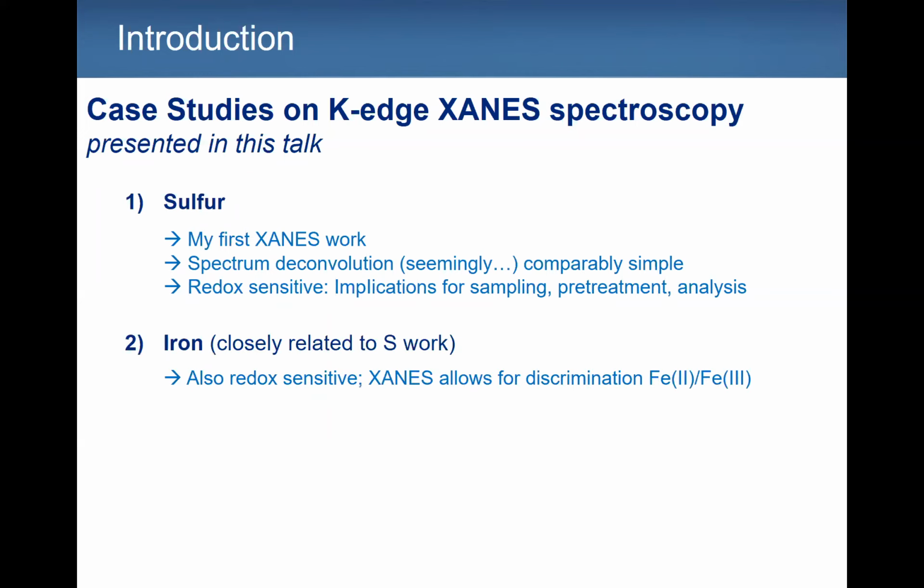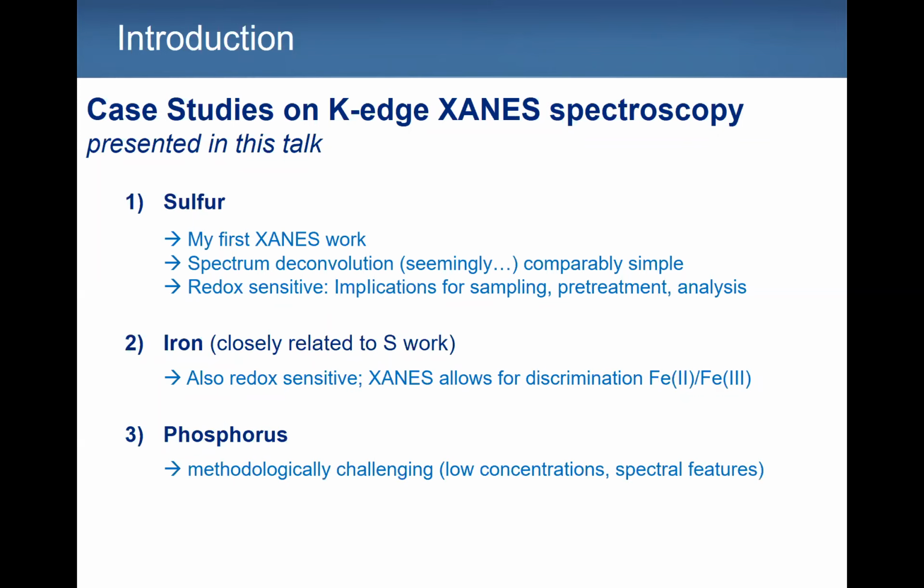Then I will give you some example about iron, which is closely related to my sulfur work. I used the same samples, and iron is also redox sensitive. And XANES allows, at least for discrimination between ferrous and ferric iron, for a more detailed analysis, you often have to use XAFS. I will show you an example later.